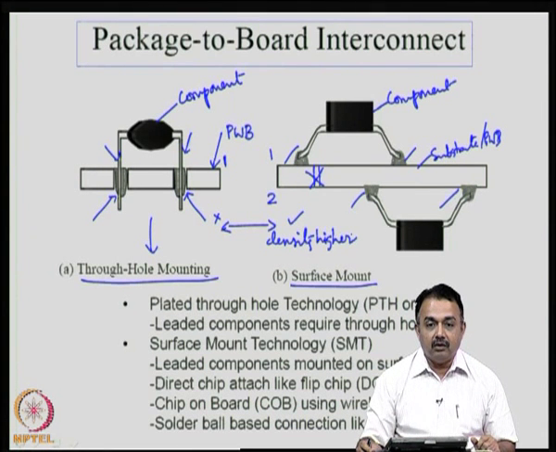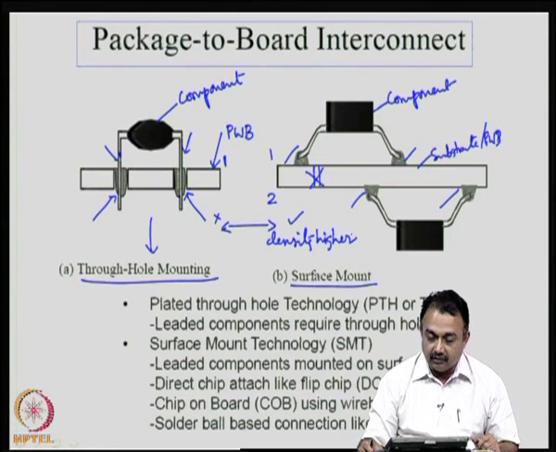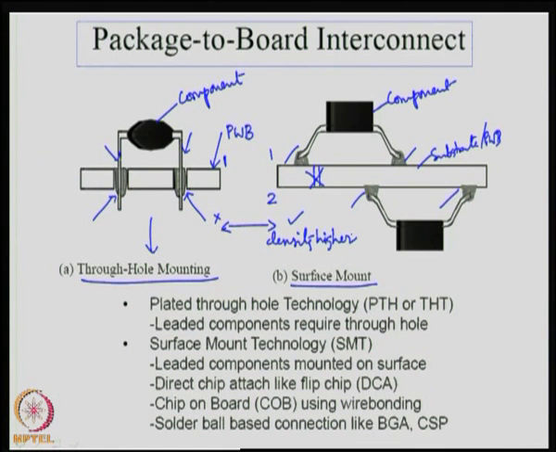Plated through hole technology, known as PTH or through hole technology, requires leaded components and they require through holes on the substrates. In surface mount technology, leaded components are mounted on the substrate. Direct chip attached components like your bare die or flip chip can be mounted on the substrate.